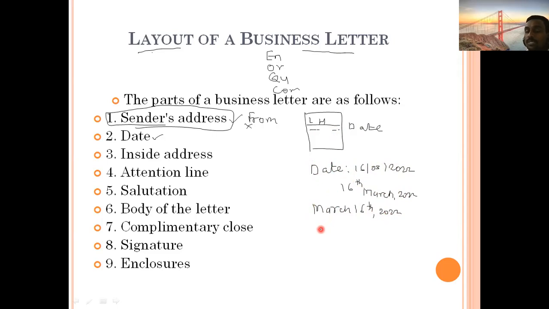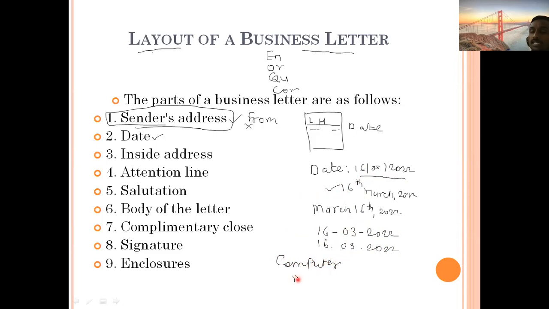You might have seen people writing dates in different ways. It can be like this: 16. Some people use a hyphen like this, or some people only give a dot. I recommend you go either this way or that way; out of these two, choose one and go accordingly. And remember, if you're using a computer, the format is somewhat different.